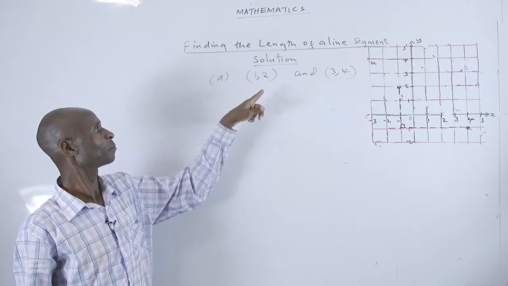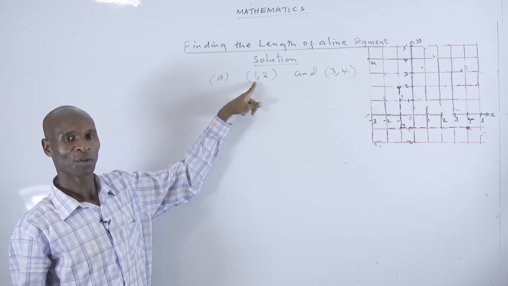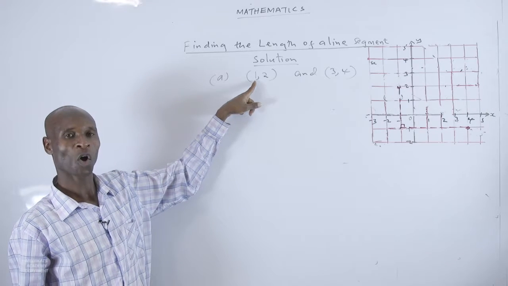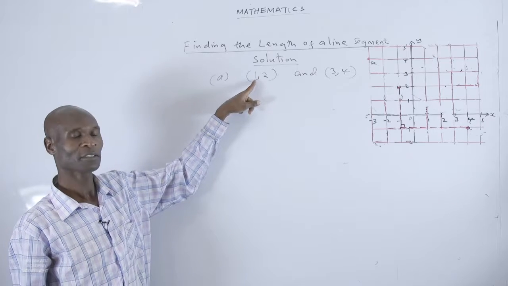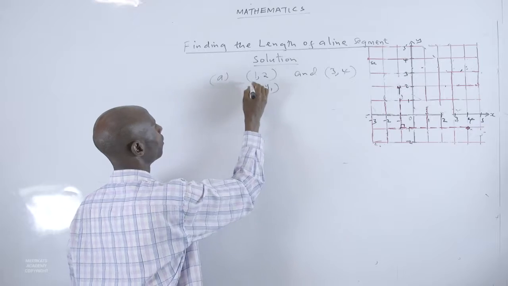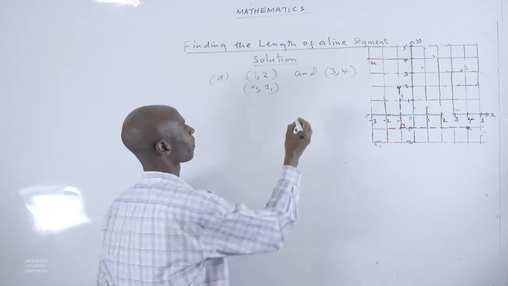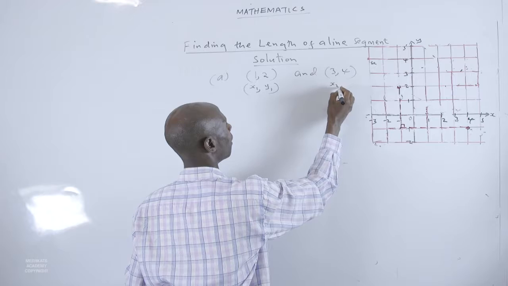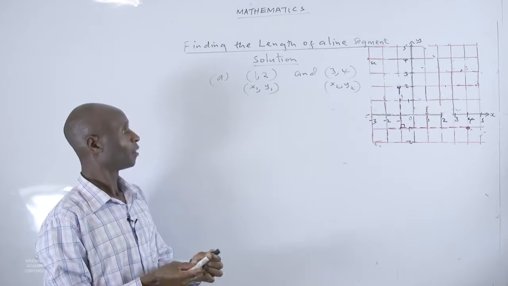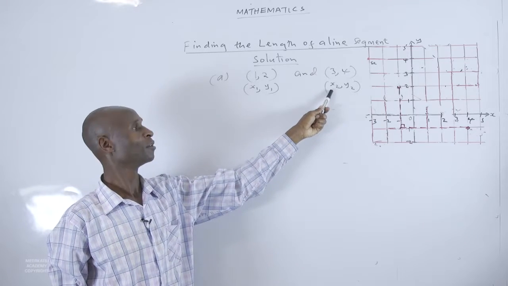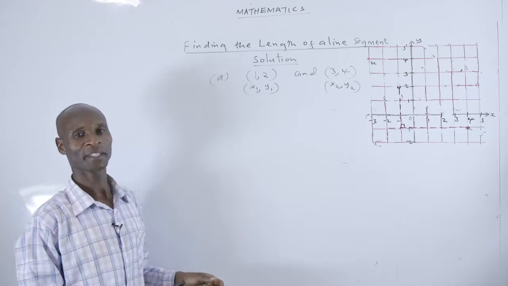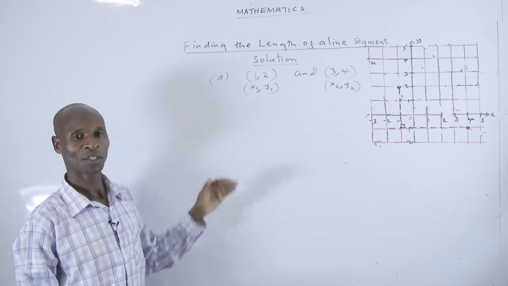Now for part A, we can indicate the coordinates here. 1 is x1, 2 is y1, then 3 is x2, and 4 is y2. So we start by getting the horizontal distance.